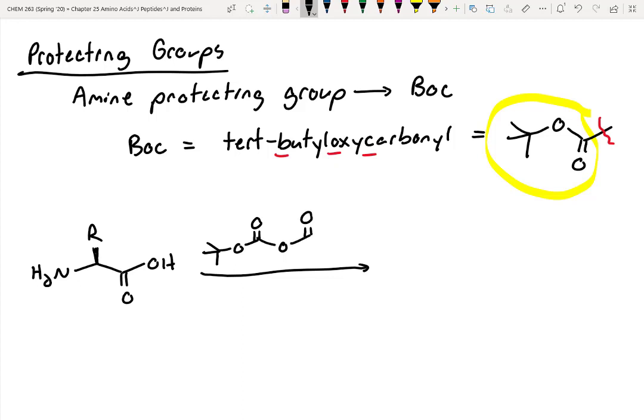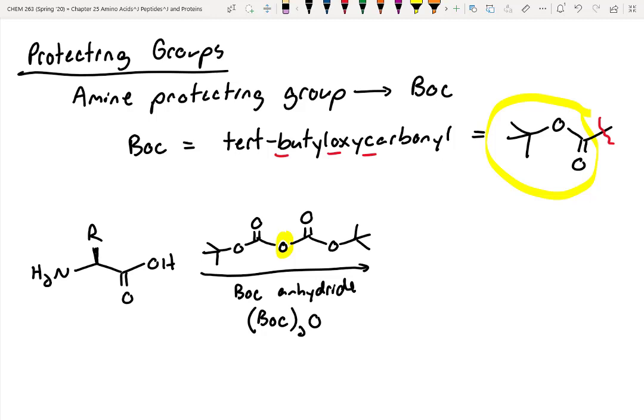So it looks like this. Or you may see it written as BOC in parentheses 2O. So that oxygen right here is that center oxygen linking together these two BOC groups, right?